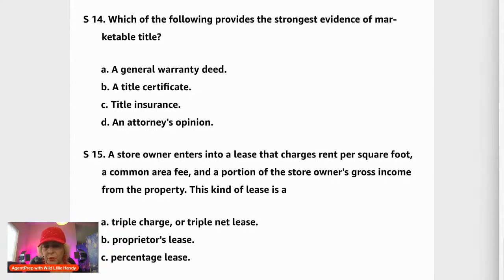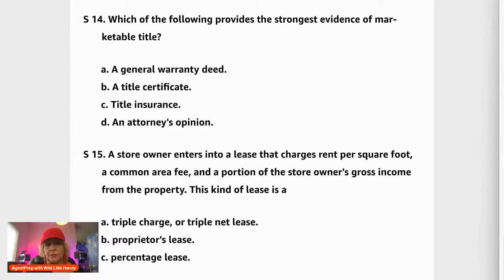Okay, so some of you answered 14A, which is general warranty deed. General warranty deed, the deed warranties, okay, it's the best type of warranty to have that has protection for the borrower.